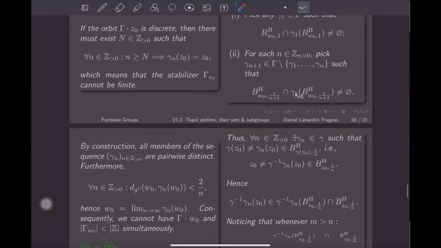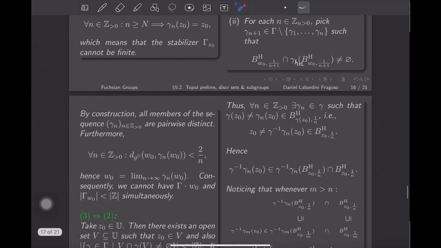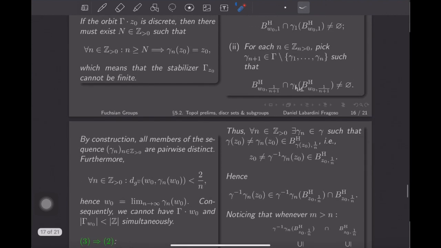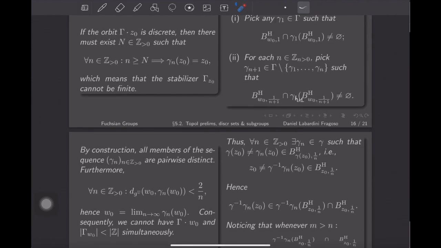Okay, once I did that, I noticed the following. The distance from W naught to gamma n of W naught is at most 2 divided by n, right? And this is by the triangle inequality, because I take one point in this intersection.